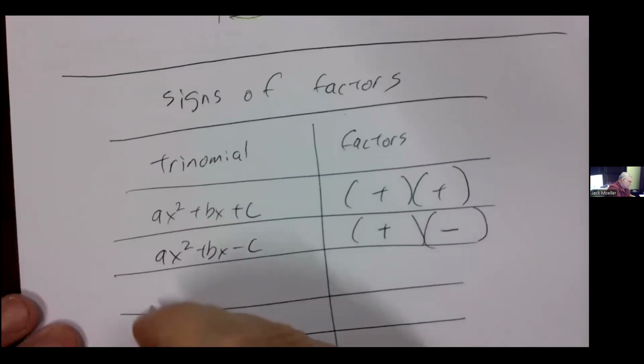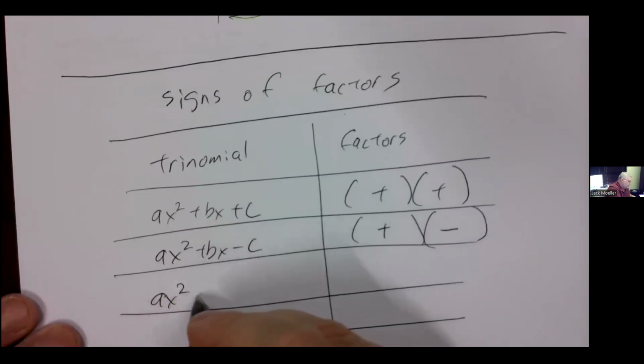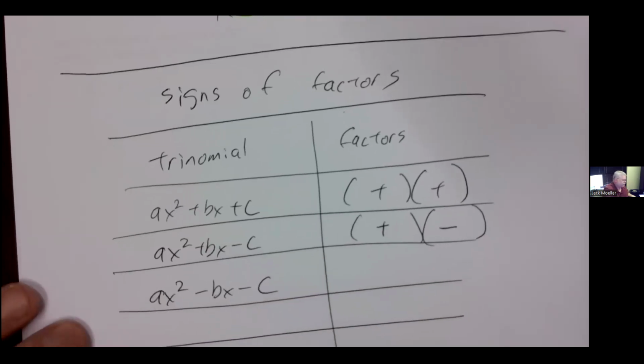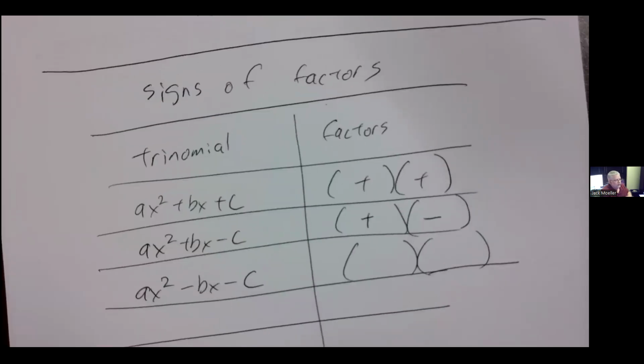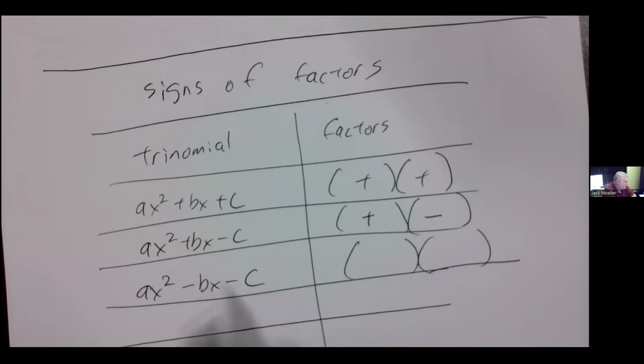So what if we have ax squared minus bx minus c? What are the signs of our binomial factors now? Well, if you're thinking minus minus, because those are both minus, sorry, that's not it.